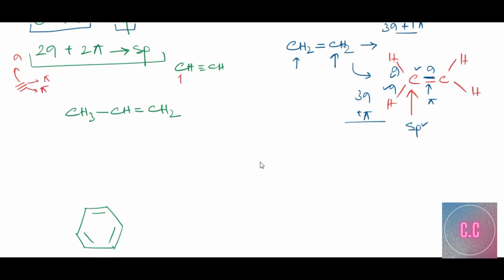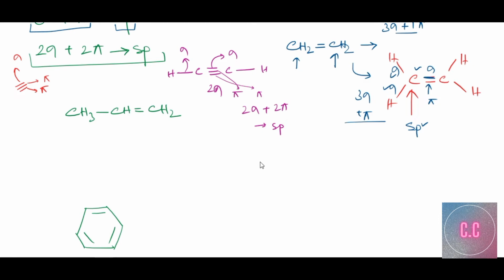So for this carbon, if we break the structure, we can see H bond C, C bond H. That means this is sigma and this is another sigma. That is 2 sigma we have already obtained, and this is pi and this is another pi. That means 2 sigma plus 2 pi. This is sp hybridization.